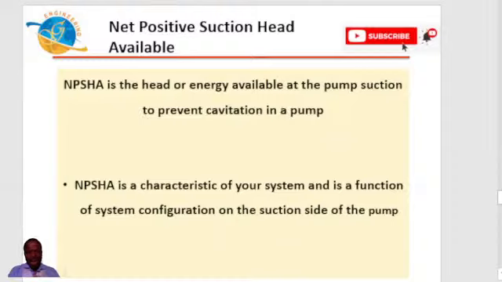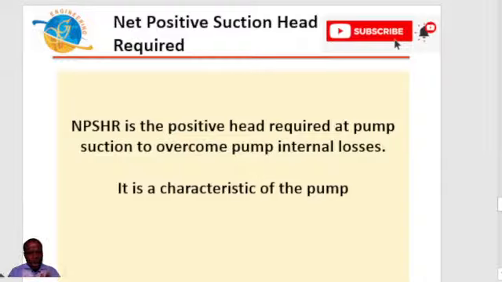So if you're on the client side, you should have a basic knowledge of how NPSHA, which is the net positive suction head available, can be calculated. Before we go into that, let's look at the other end of the NPSH, which is the net positive suction head required. That is the NPSHR.